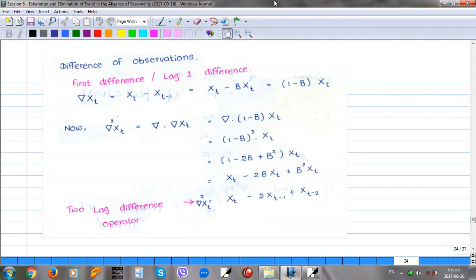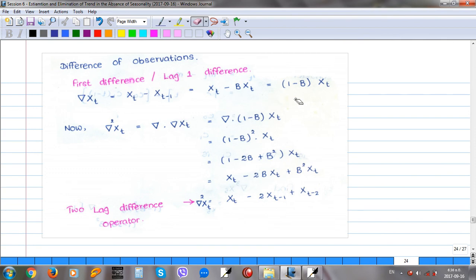I think you got the idea. Anyhow, I will write and show you. This again you can write 1 minus B times xt. Then what happened? This 1 minus B and this 1 minus B are multiplied, right? Then it comes 1 minus B squared times xt.